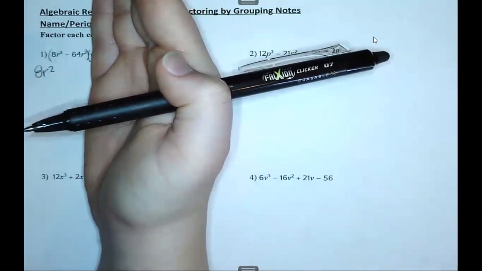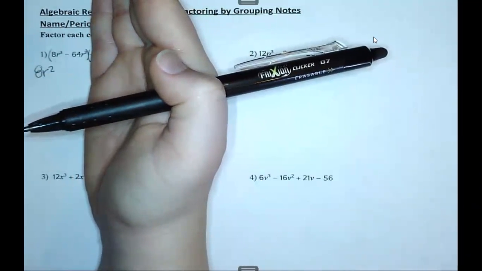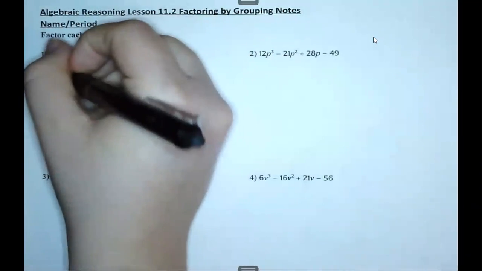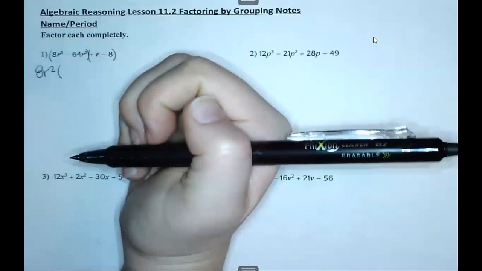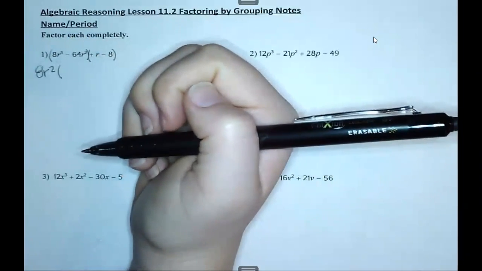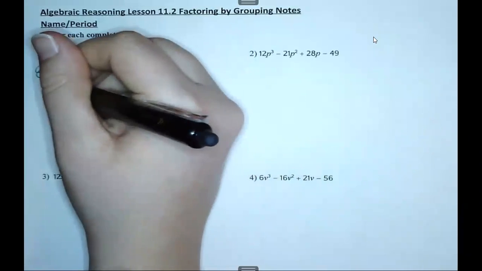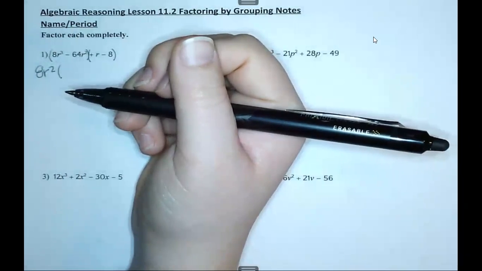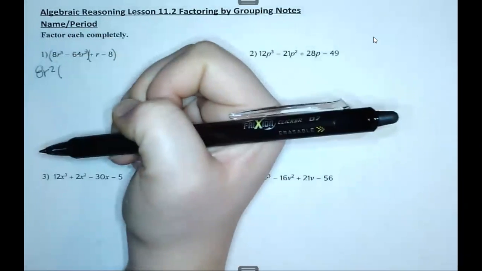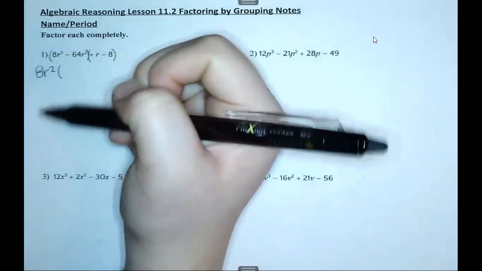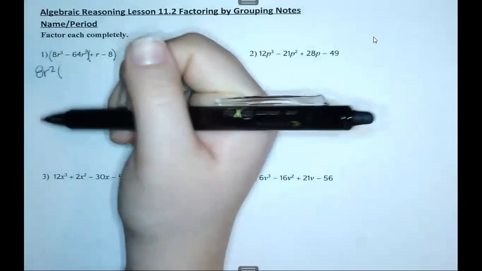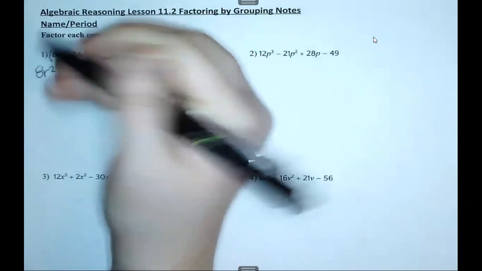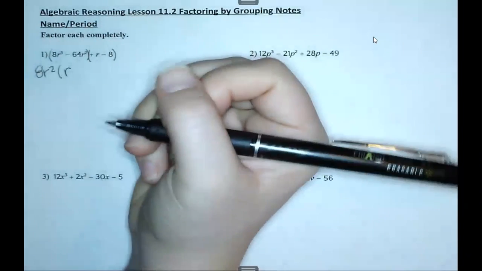If we were to take out an 8r squared, let's see what we would have left. We write it just like we did on our other homework assignment. Our GCF goes out in front. We write what's left when we take it out in the parentheses. So 8 divided by 8 is just 1. And if I take r squared out of r cubed, all that's left is r.